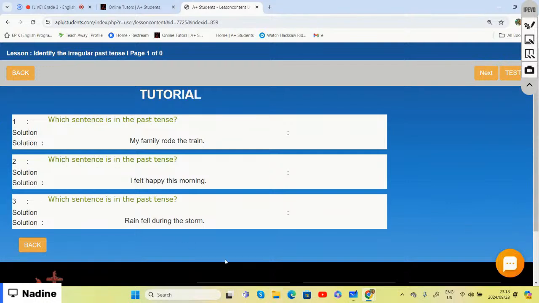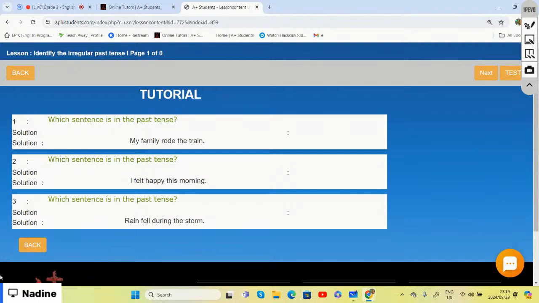All right. So we see that we're going to identify the irregular past tense. And here we only have a few examples, right? Or activities. We're going to underline the irregular past tense, and then we're going on to the test, right?